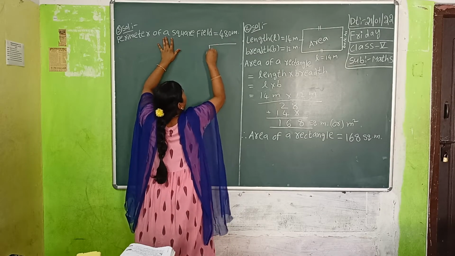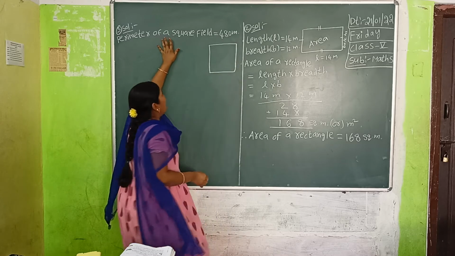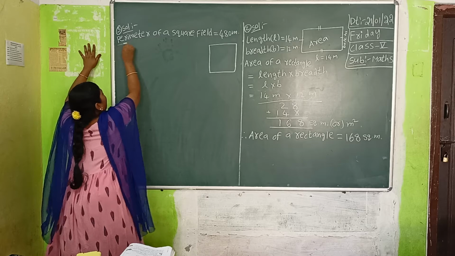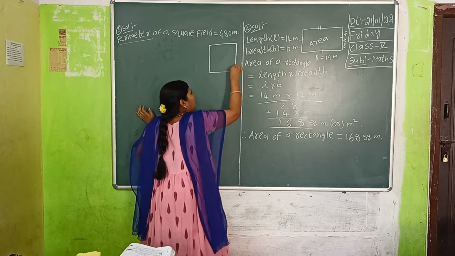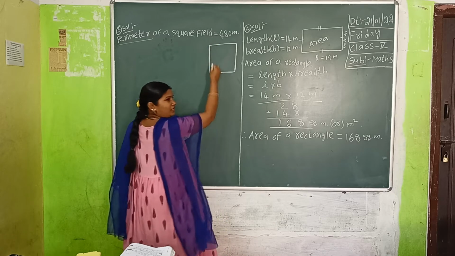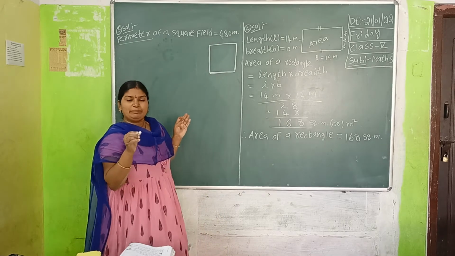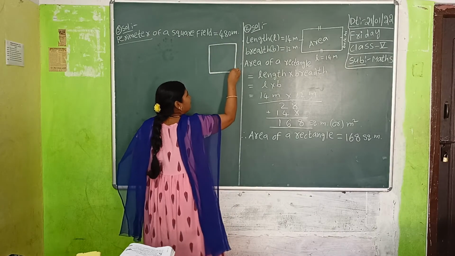Now the given shape is a square, so you have to draw the square shape. See, perimeter is nothing but the boundary the figure occupies, meaning outside. Observe everyone carefully. Perimeter is nothing but this total outline.